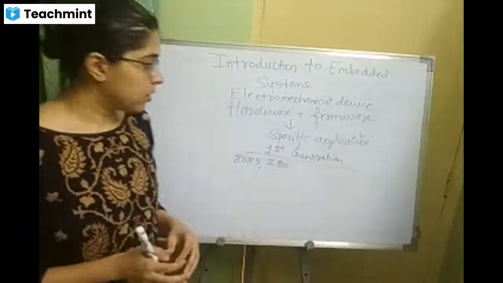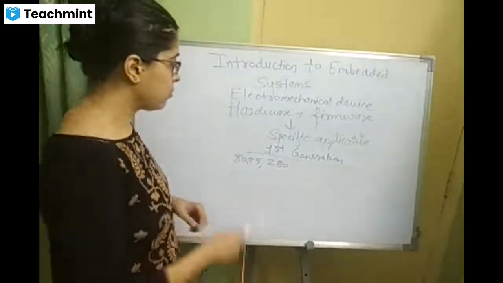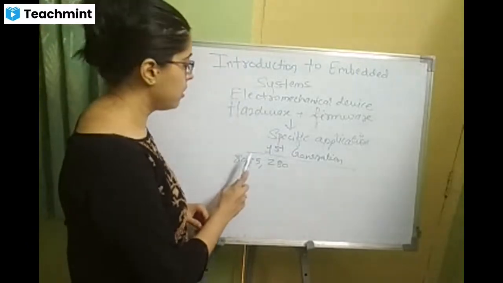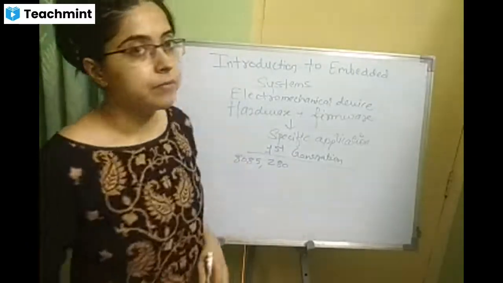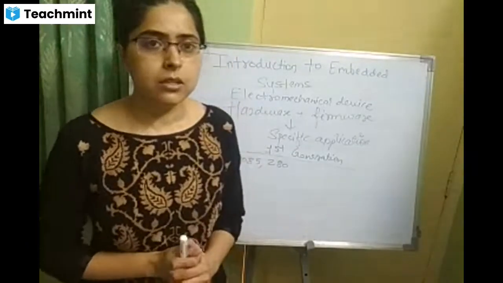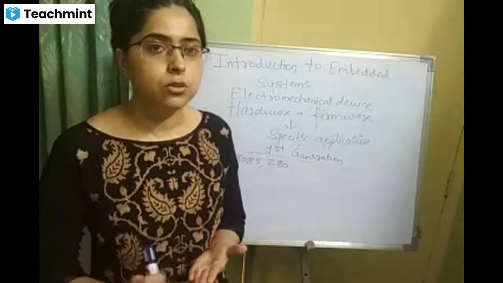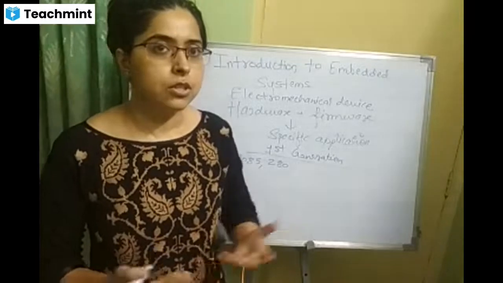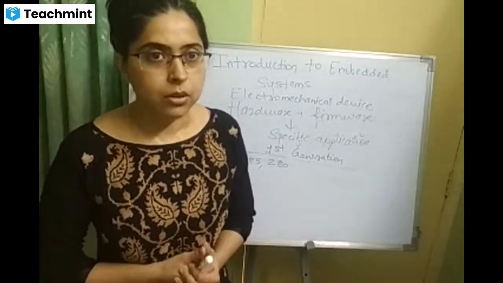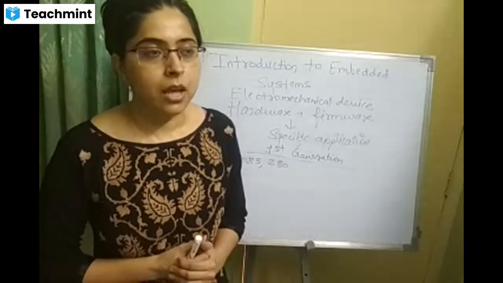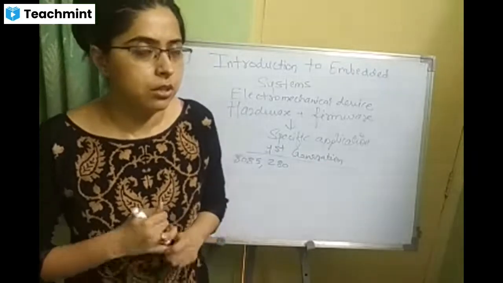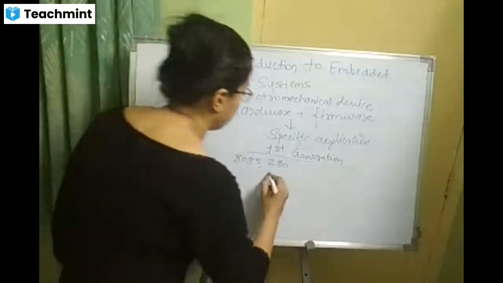In the first generation of embedded systems, we are using an 8-bit processor or controller, 8085, Zilog Z80. Okay, it is a very simple processor for the first generation, and hardware and software for the first generation are also very simple.